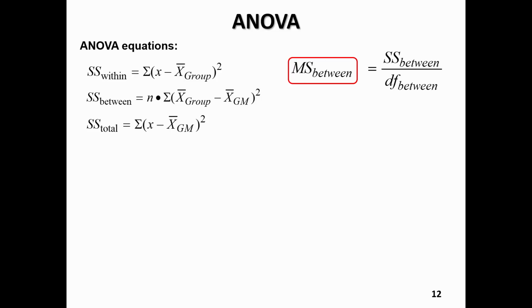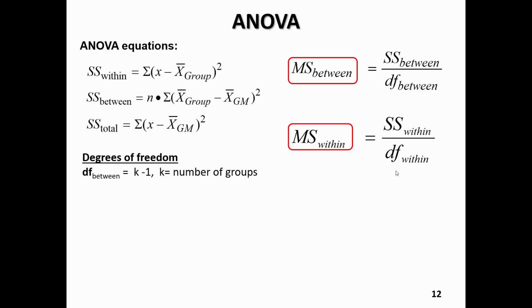And we calculate that by taking our sum of squares between and dividing it by the degrees of freedom between. We then have to calculate the variance, or mean square within, that represents the inherent variability that exists inside the groups. And that's where we take the sum of squares within and divide it by the associated degrees of freedom within term.